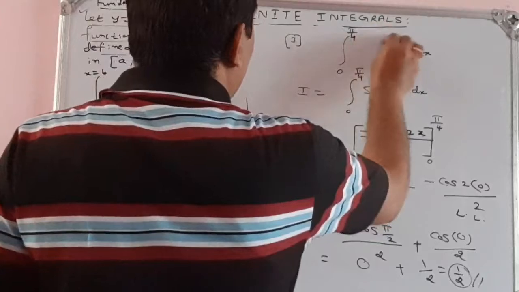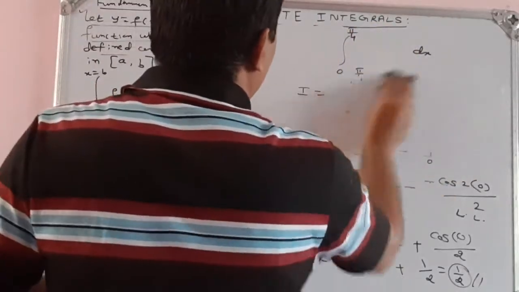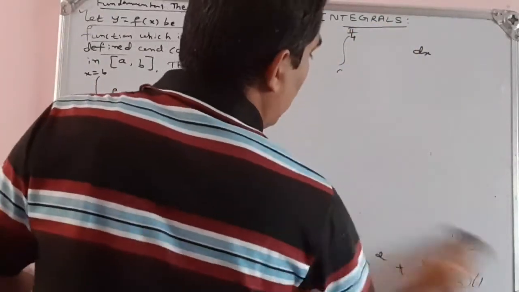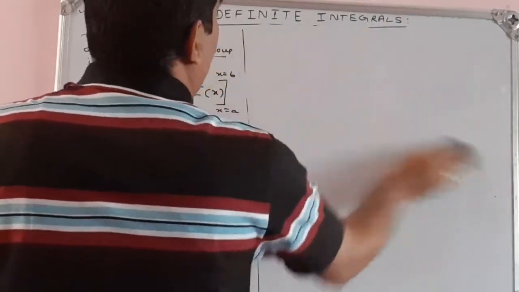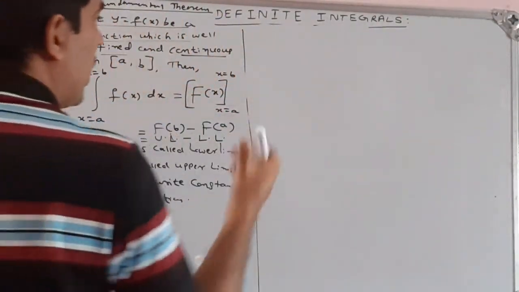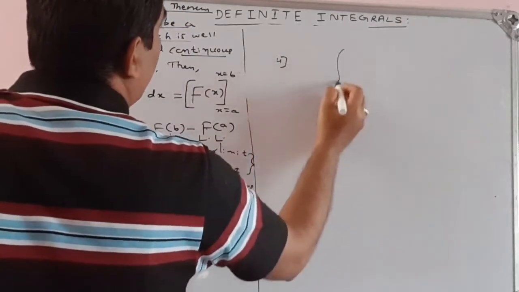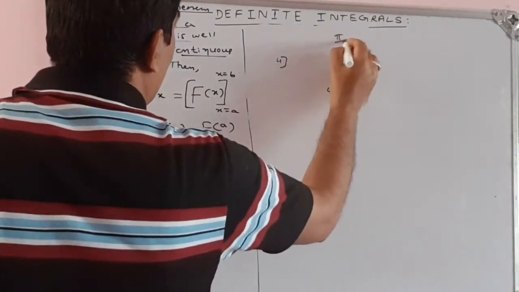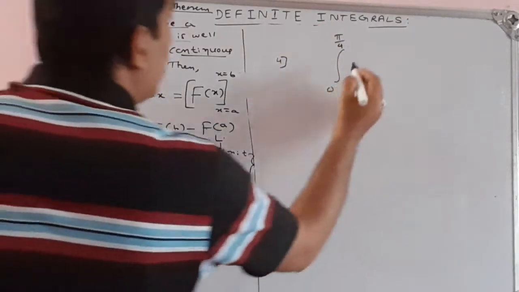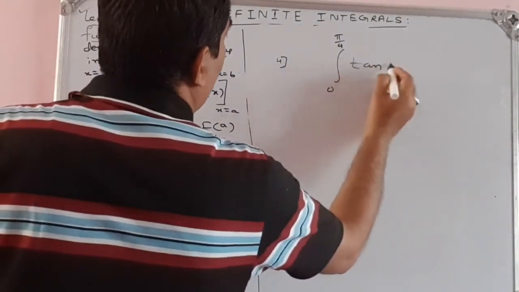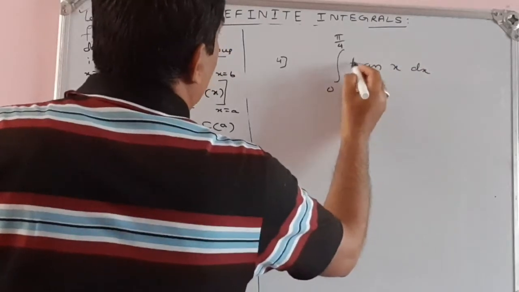Then let me go for the fourth problem. Let me take a simple one. Integration of 0 to pi by 4 of tan x.